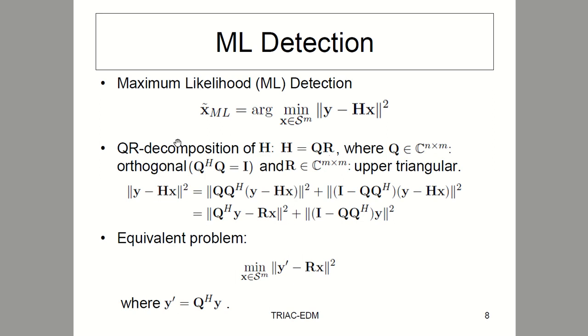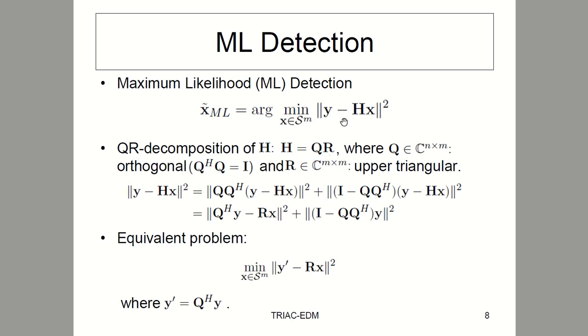People would often conduct a QR decomposition of H, so H equals QR, where Q is orthogonal, so Q^H Q is equal to I, and R is upper triangular. If you are not familiar with this QR decomposition, I would recommend checking out numerical linear algebra. There are various approaches that perform this decomposition.